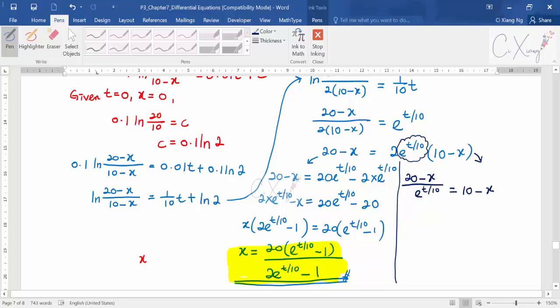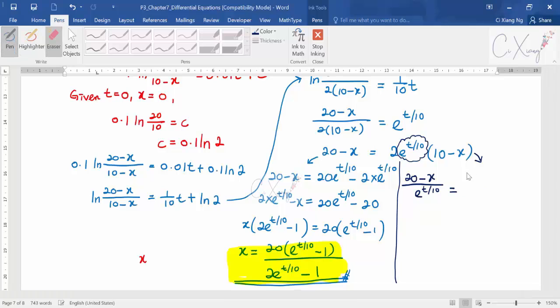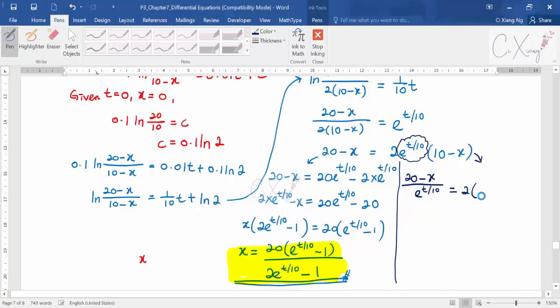Okay, so if I move it like that, wait, now again I'm still making a careless mistake here, I should have a 2. So 2(10 - x). All right, so if I simplify, I'm having 20e^(-t/10) - x e^(-t/10) over 10, then equals 20 - 2x.